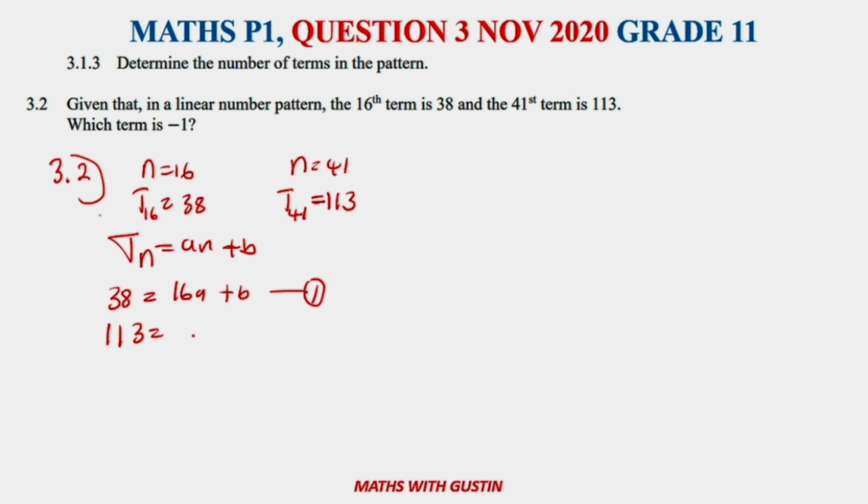And we are going to have 113 is equal to 41a plus b. Now we just come here and solve this simultaneously. Equation 2 minus equation 1, it doesn't matter.